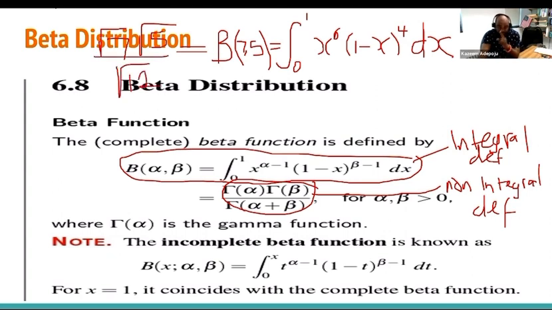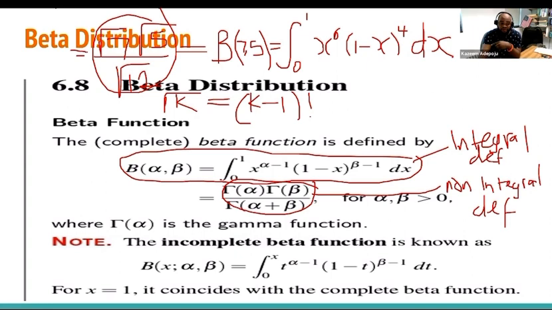If you remember what we did the other time, gamma k is (k minus 1) factorial. Now if I rewrite this, gamma 7 is going to be 6 factorial, gamma 5 is going to be 4 factorial, and gamma 12 is going to be 11 factorial.